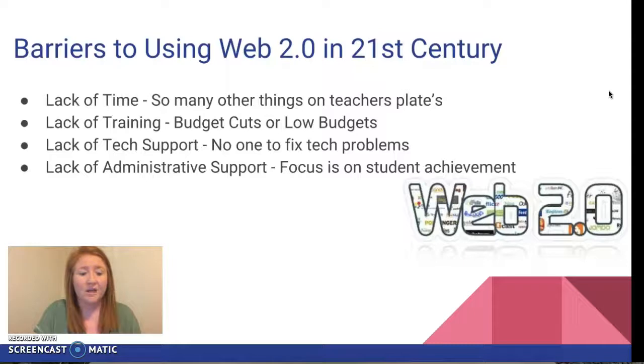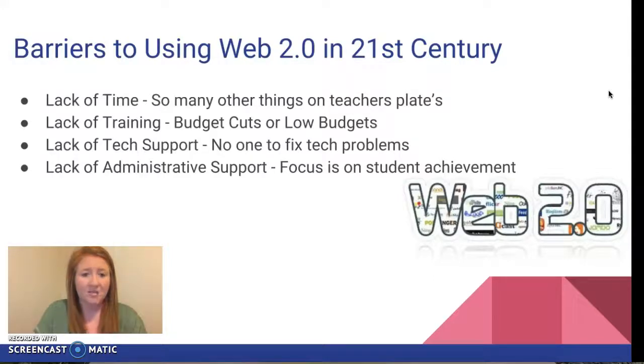Lack of training: there's definitely a statewide, worldwide lack of money, so I think technology gets thrown down at the bottom of the list. Training goes to things like academics instead of tech support.